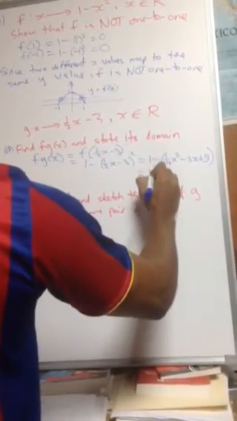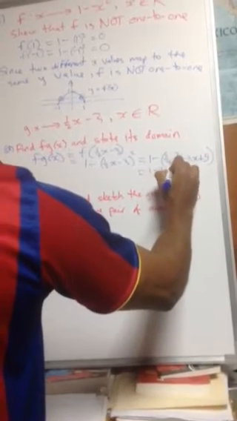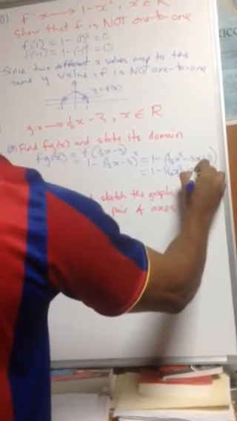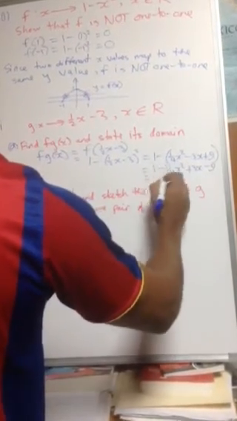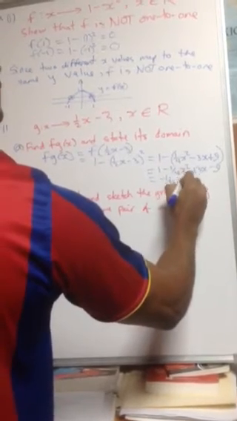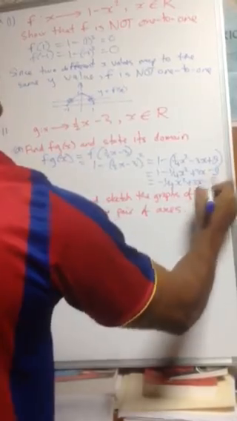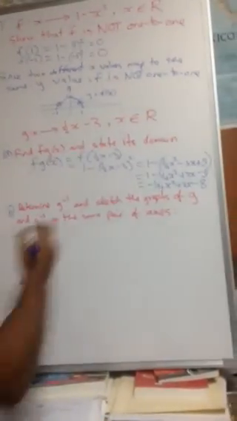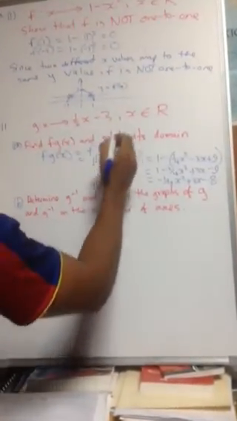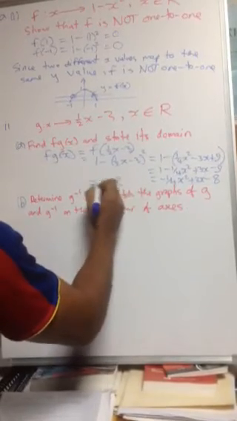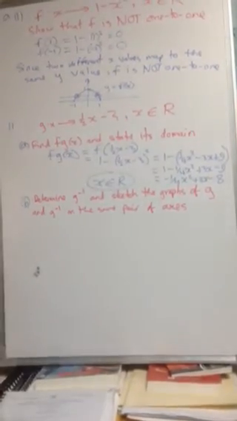That is equal to 1 minus a quarter x squared plus 3x minus 9, which is equal to minus a quarter x squared plus 3x minus 8. That's f of g of x, and the domain will be, as I mentioned before, the set of real numbers.